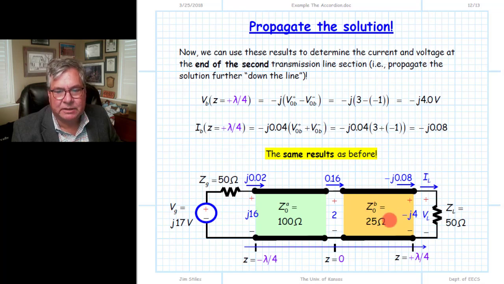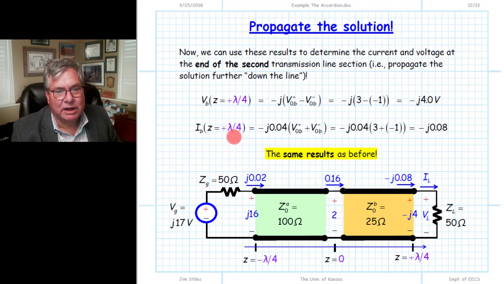So now that we've determined the 2 wave amplitudes V0 plus and V0 minus for that second transmission line, once again we can determine any value at any place on that transmission line. The values that we desire are the total voltage here at the end of the line at z equal to lambda over 4, and likewise the current at the end of the line at lambda over 4. Now that we know our wave amplitudes, we know the total voltage and total current explicitly, and we can evaluate the voltage at lambda over 4, and we get a value of minus j4 volts.